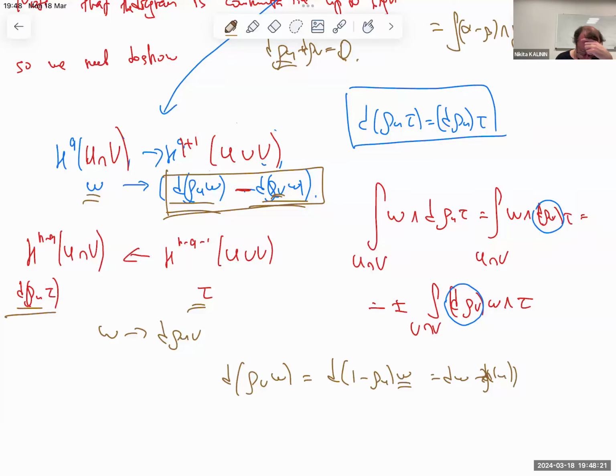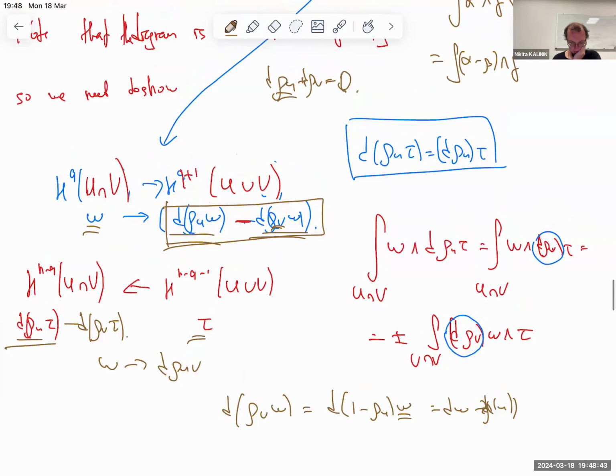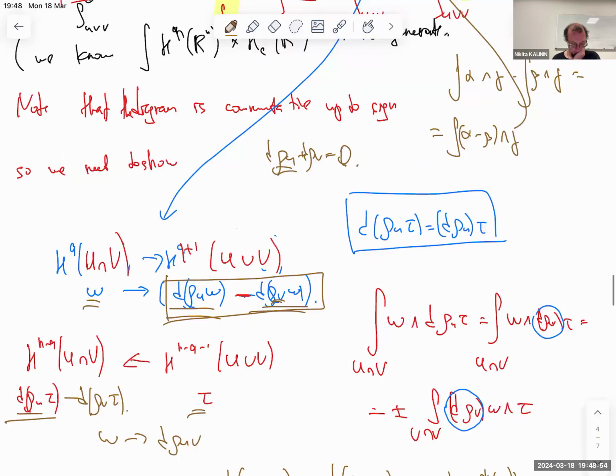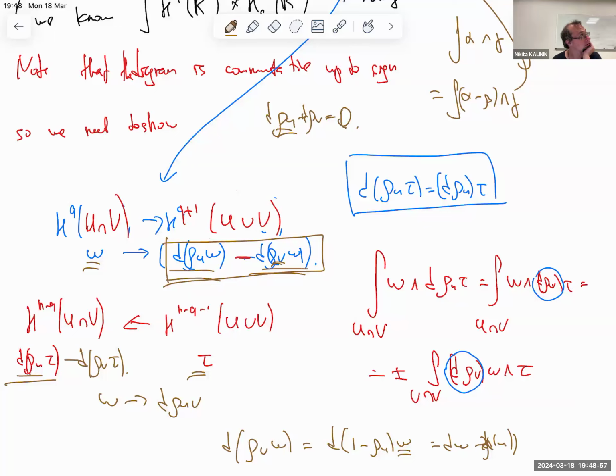Let's see. So maybe here we should take the d of this minus d of rho v of tau, right? And then it will belong to... no wait. So it's all strange. Tau in the union multiplied by rho u there.